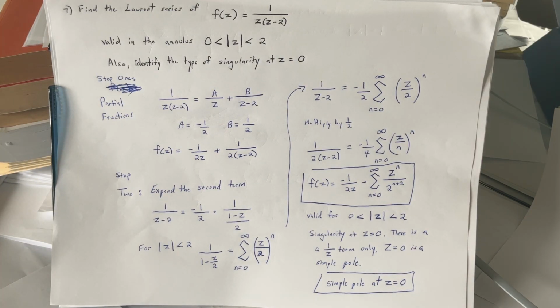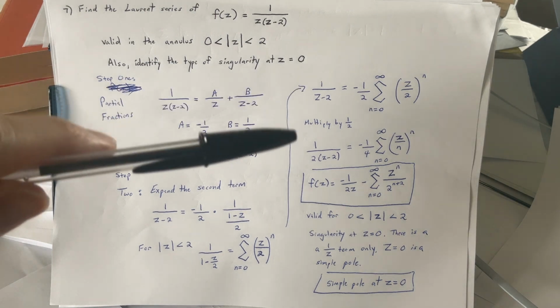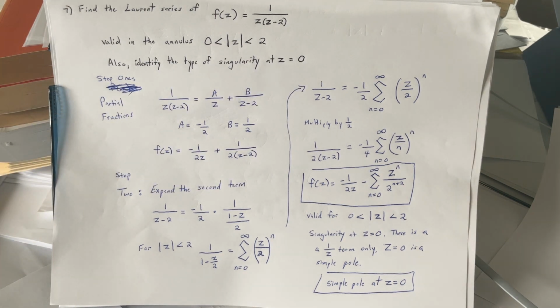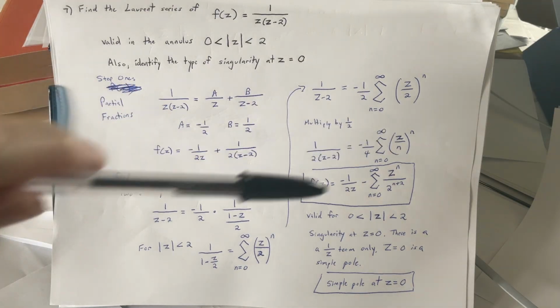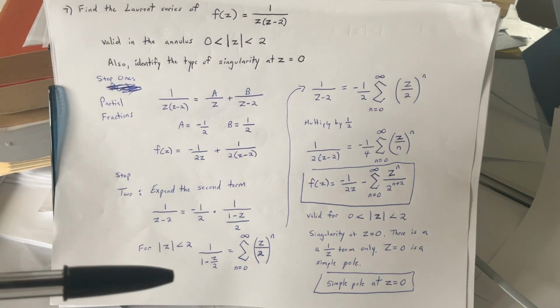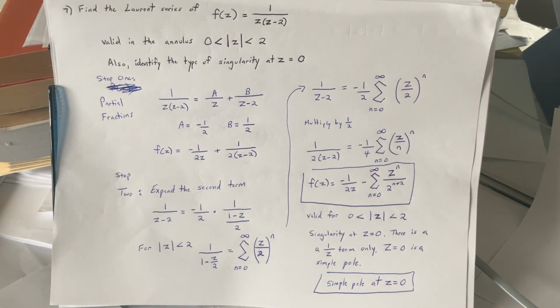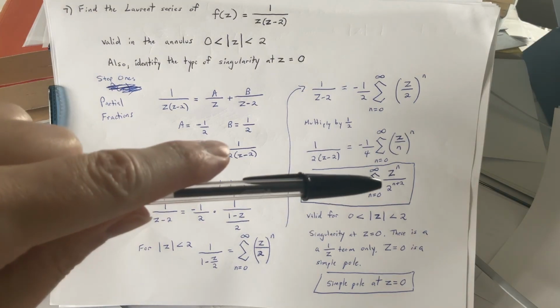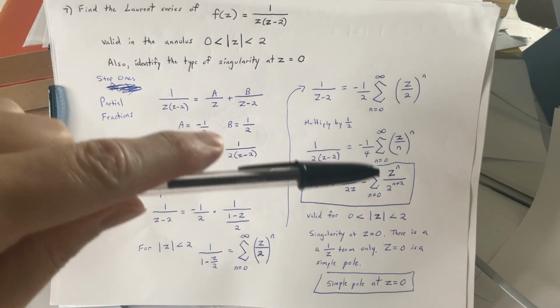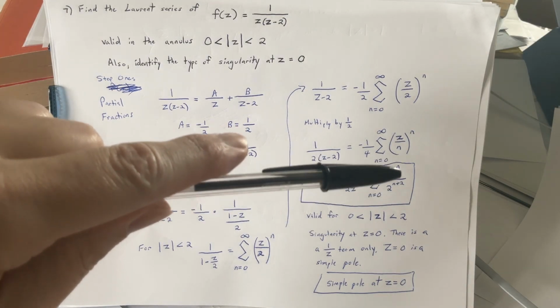Think about where that -1/2 comes from. Now on both sides, we multiply by 1/2, and we get 1 over 2 times the quantity z minus 2 equals -1/4 times that summation. Just some arithmetic there. So f of z equals -1 over 2z minus the summation, n equals 0 to infinity, of z to the n over 2 to the n plus 2.